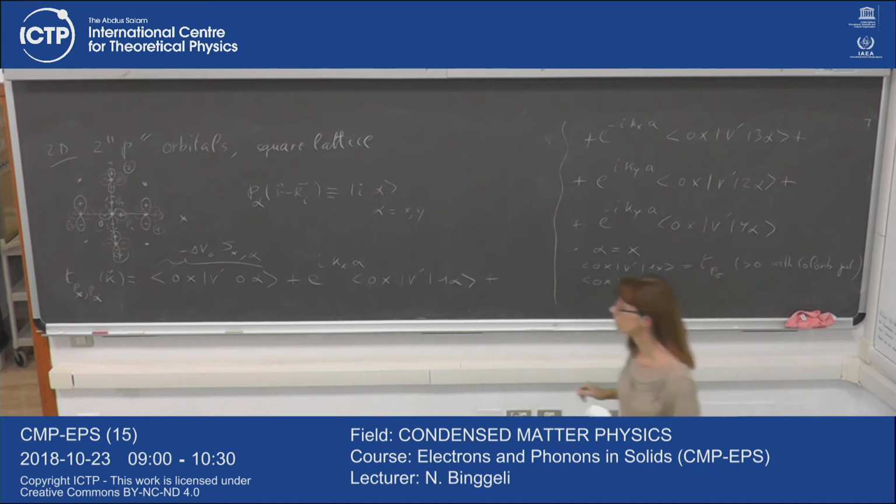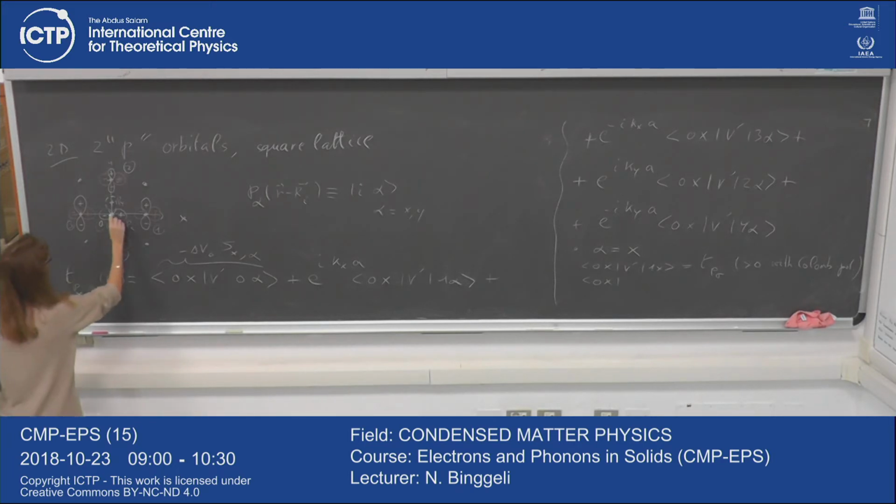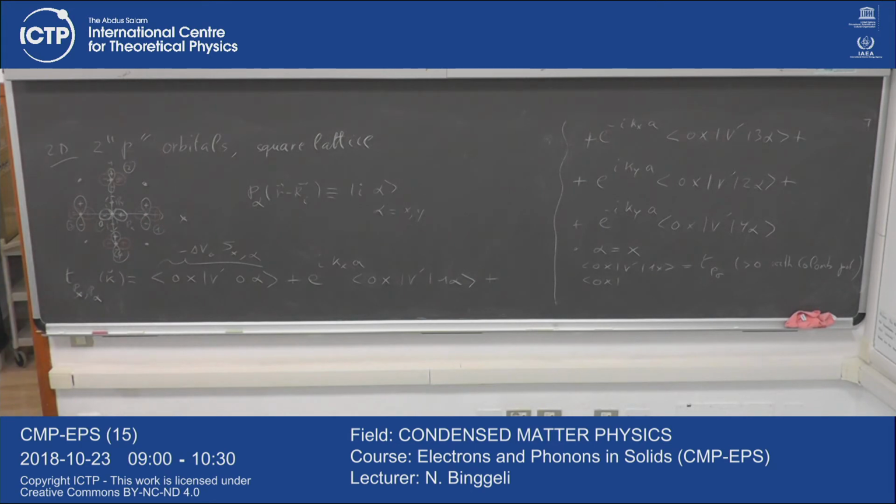Please repeat how you are getting the matrix element of 0x and 1x and why it is negative. It's this p-type function times this p-type function in red that I have to consider times the crystal field.